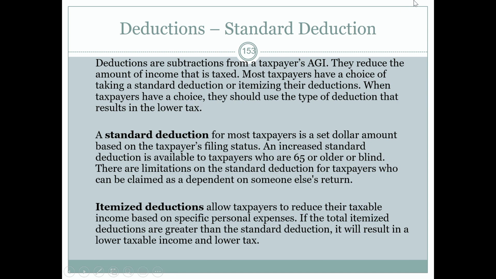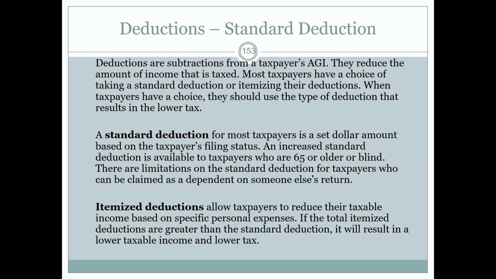When you answer the questions in TaxSlayer, it will automatically compute this, but you do have to check that box for the dependent that can be claimed on someone else's tax return.